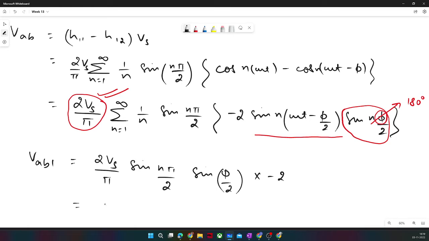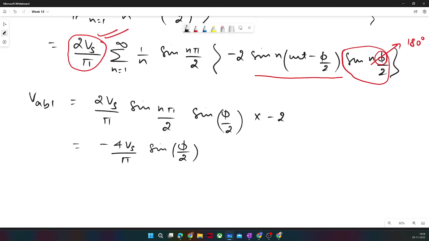So you would be getting 4 Vs by pi sine phi by 2. So this is your fundamental component of voltage. Now you can easily observe that by varying this phi, the magnitude of the fundamental component will vary. So that was the thing with this phase shift control of voltage.